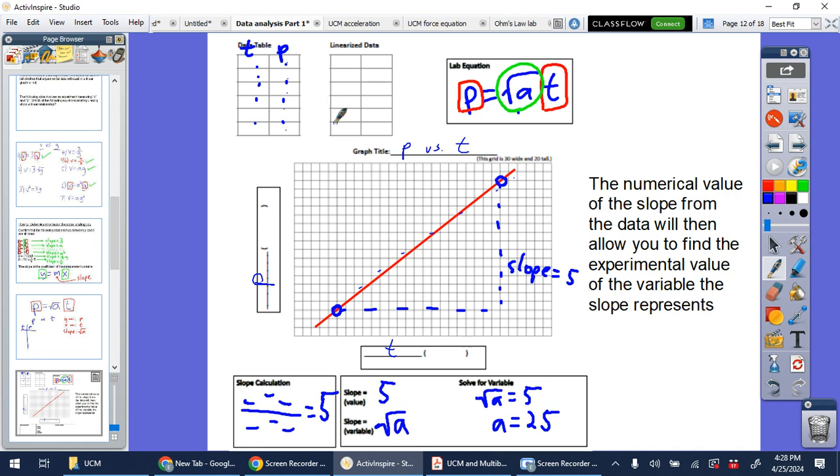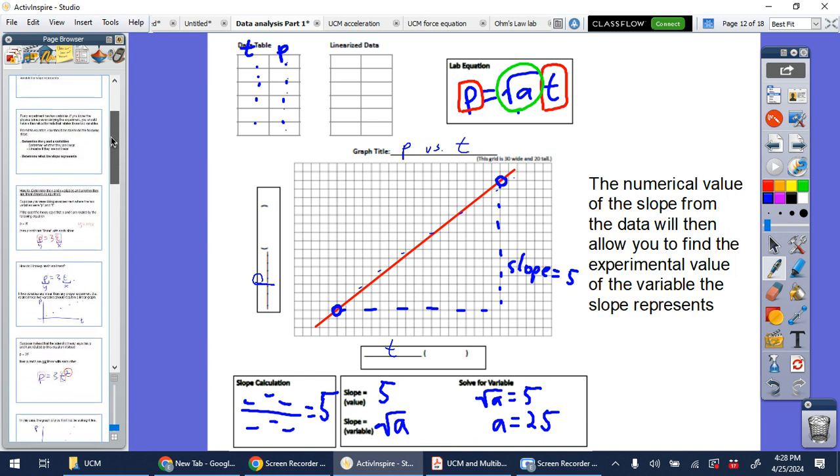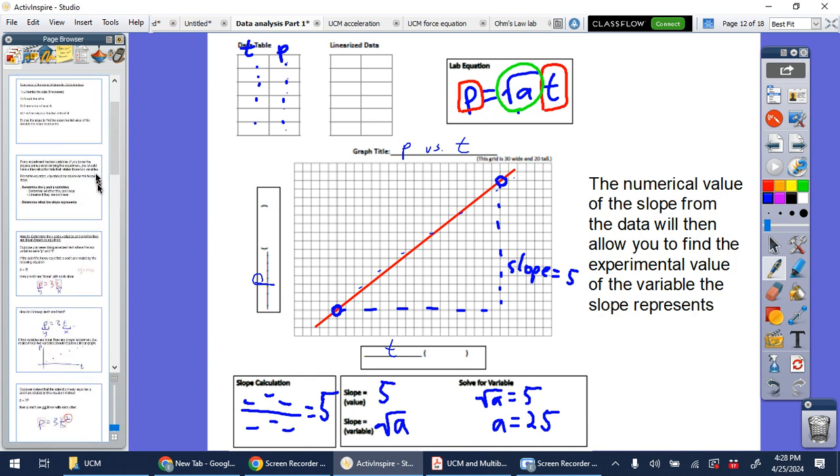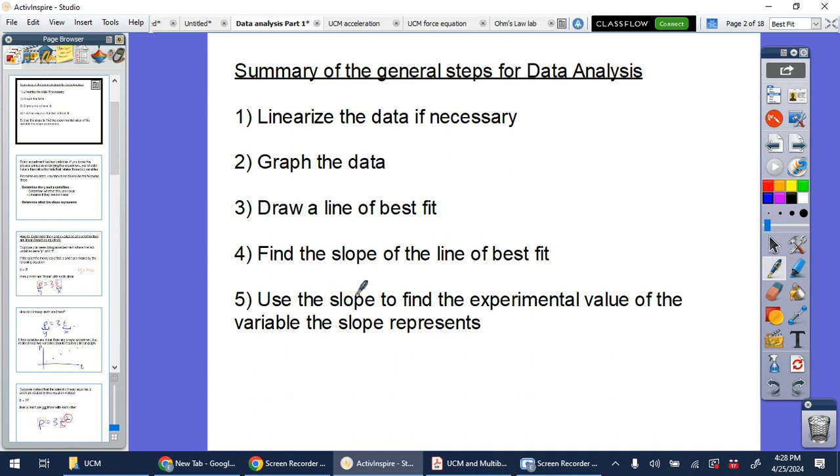So this is what you're going to be doing for every lab. And this step I just did right here is what I mean by this. Use the slope to find the experimental value of the variable the slope represents. So that's always going to be the very last step, unless I ask you to do some extra steps, which we'll talk about later, specific to the lab.